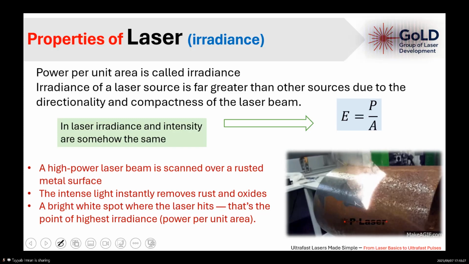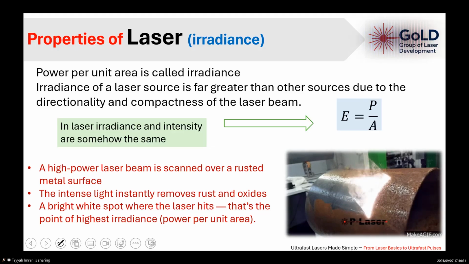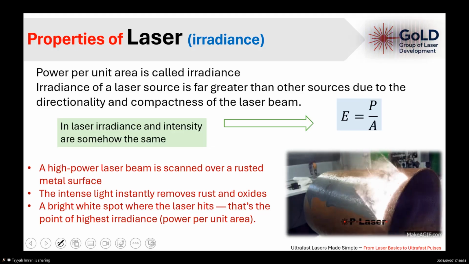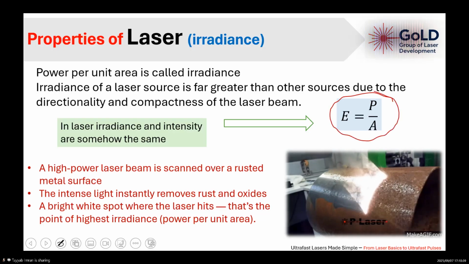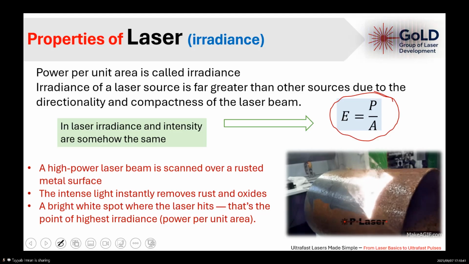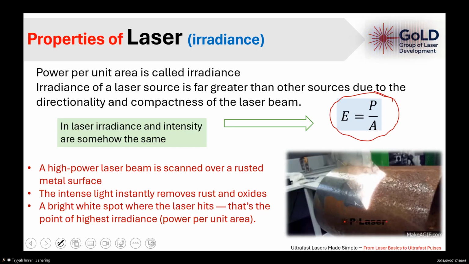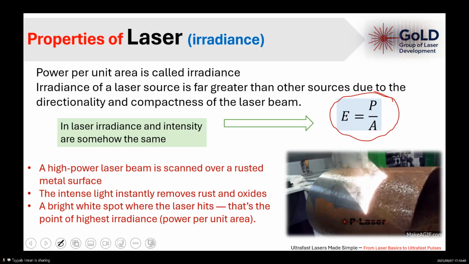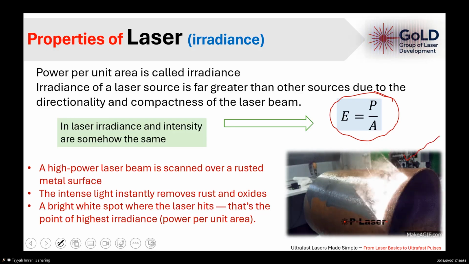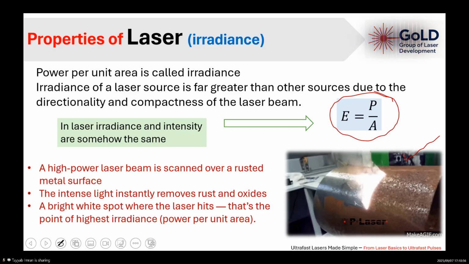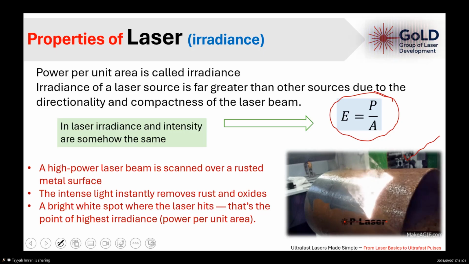Irradiance and intensity are somewhat confusing, and sometimes they are the same. Here you can see the formula: E is equal to P over A, the same thing as in the case of intensity, power over area. This is a GIF where you can see the beam falling and the rust is removed.